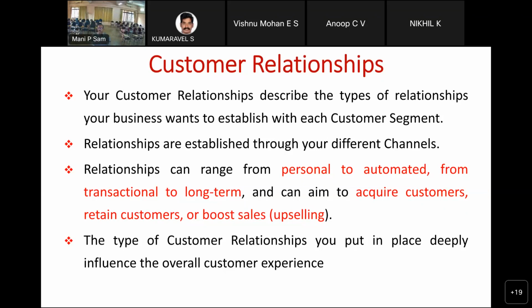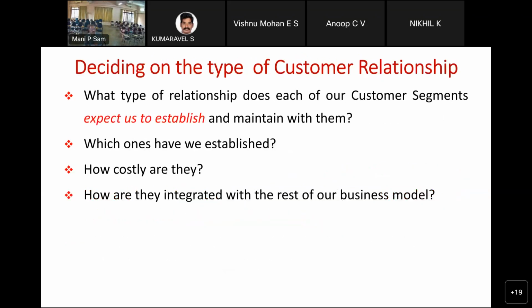That is how you look at the customer relationships box. And the customer experience will always be a net result of your customer relationships. So what you really have to look at is, if you have multiple customer segments, what kind of relationship is expected by each customer segment.